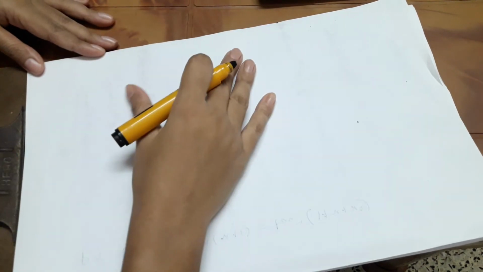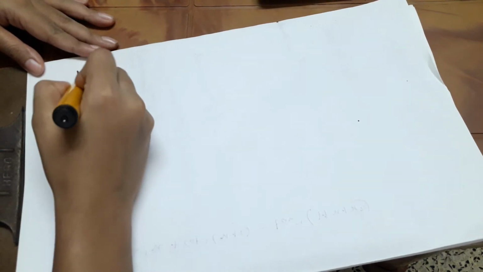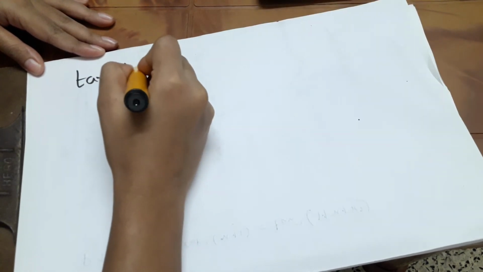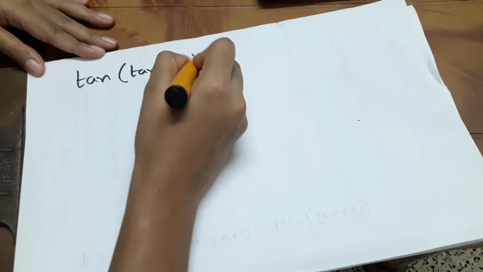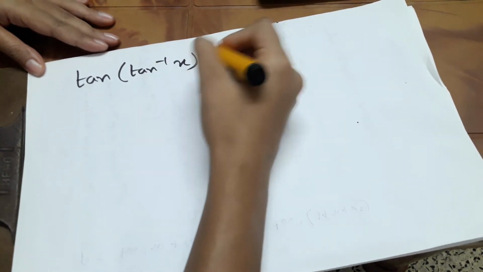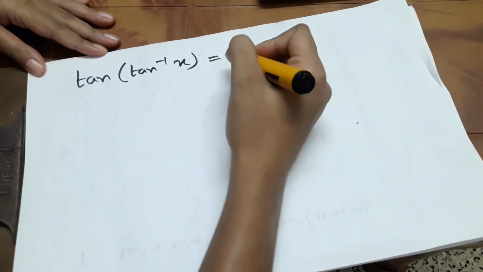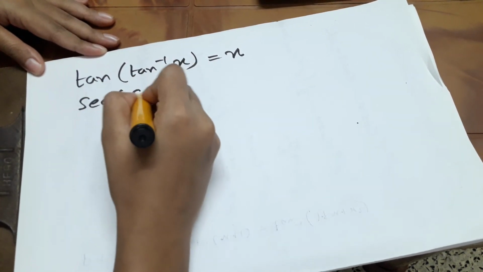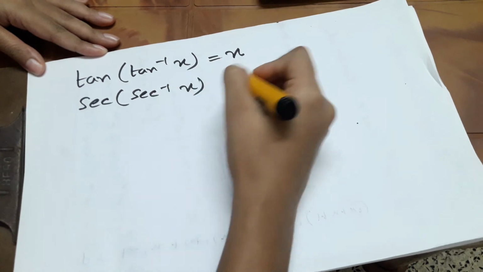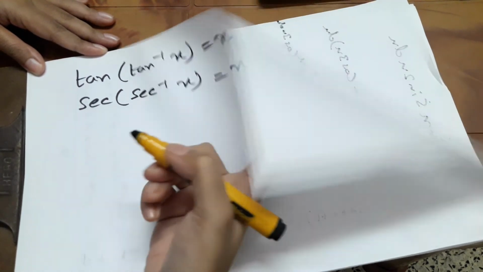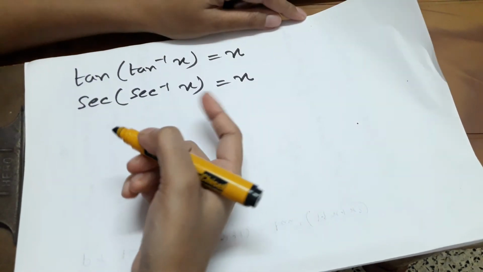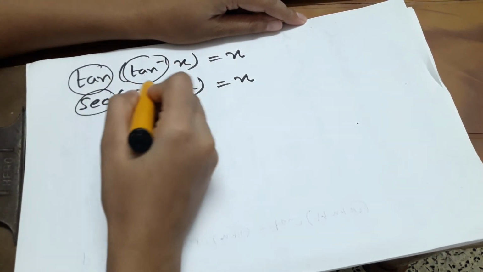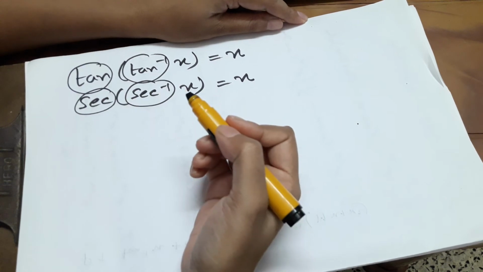Now I will say some formula here. Suppose tan of tan inverse x, that is only x. Suppose if I take sec of sec inverse x, that will also be x. If I take the same operator, tan tan inverse, sec sec inverse, whatever it will be.